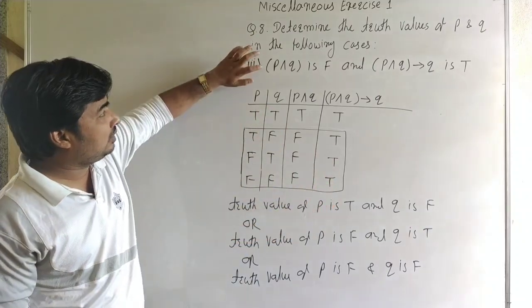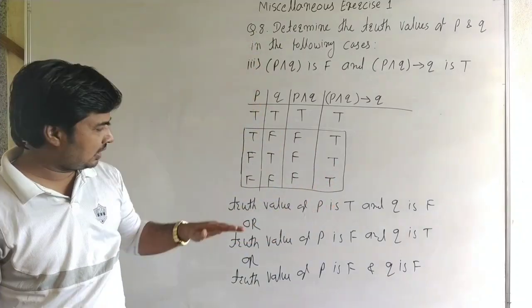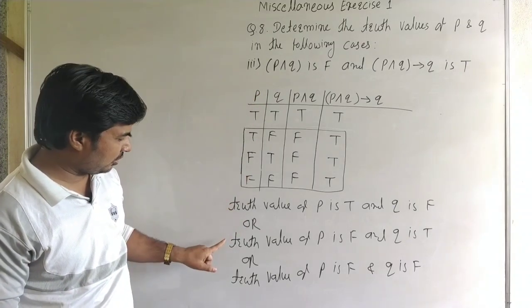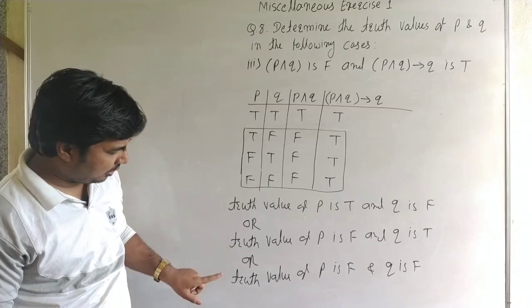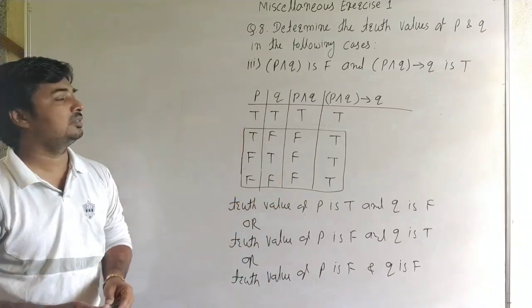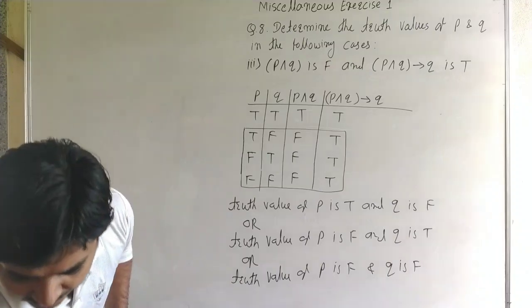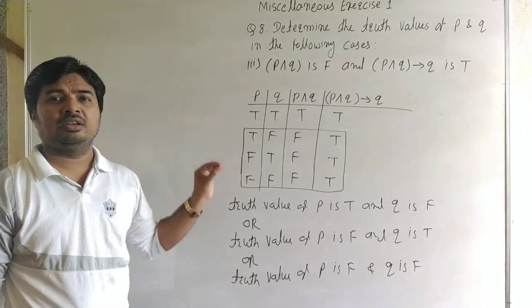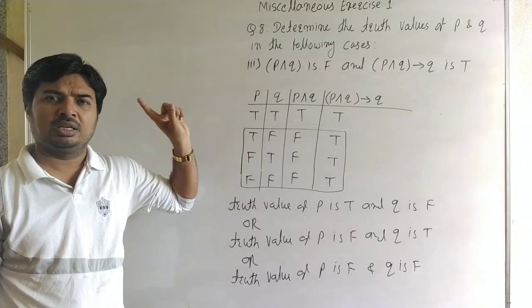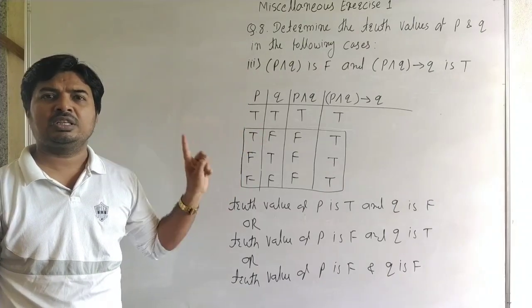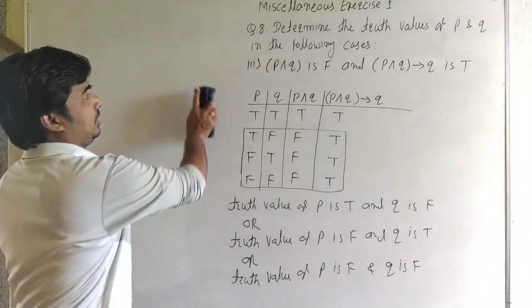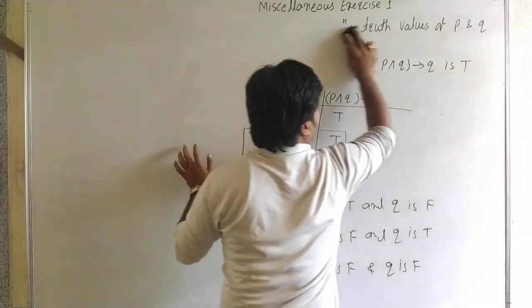That means for the truth values of P and Q there are three possibilities. See carefully: in the last example we cannot say the exact truth value of P and Q. In the first two examples we can directly say, for instance P is true, Q is false, exactly one truth value, but here there are three possibilities. Now we see the next example.